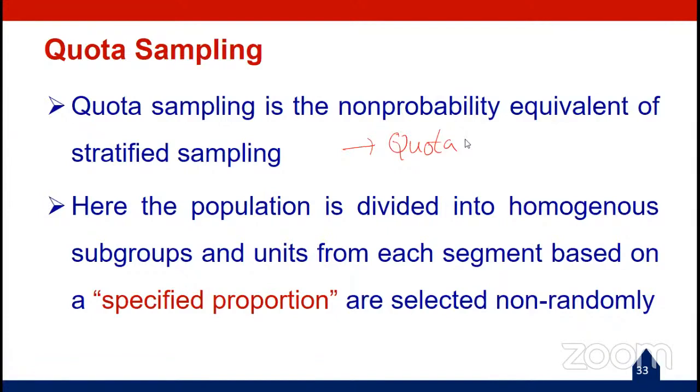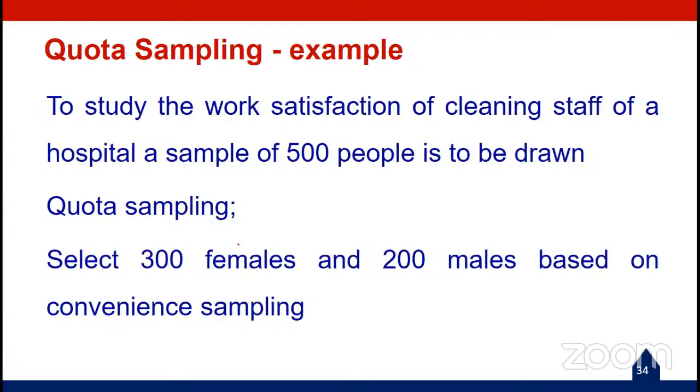So in quota sampling also, we allocate some percentage. We divide our population into specific subgroups based on some quota, and we select the individuals from each subgroup using non-random sampling methods. For example, to study the work satisfaction of cleaning staff of a hospital, a sample of 500 will be drawn: 300 females, 200 males.